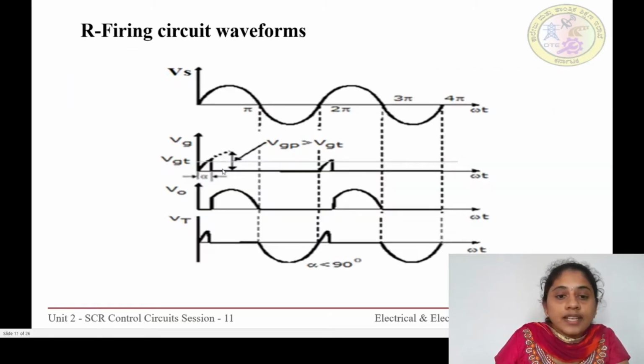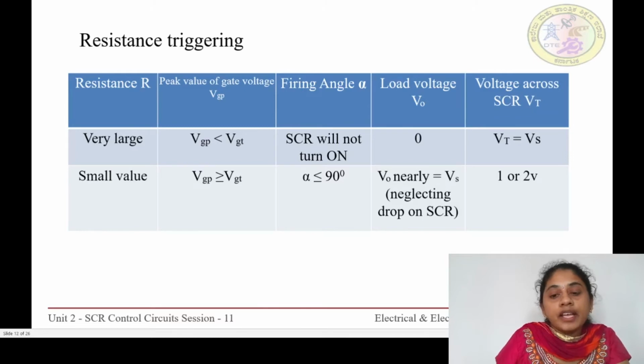You can see here, once the SCR has been triggered, the load voltage V naught will be equal to the supply voltage, and the voltage across the SCR will ideally be 0 volts, but practically it will be 1 or 2 volts. This is our R firing circuit.